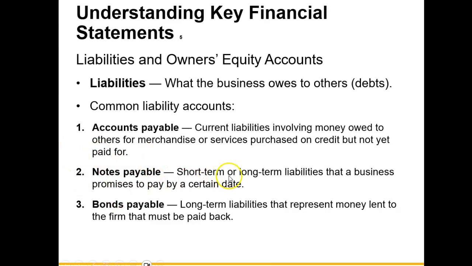Notes payable refers to short-term or long-term liabilities that a business promised to pay by a certain date. So when you have a notes payable, you sign a promissory note. That is a written agreement where you agree to pay back the amount you borrow plus interest at some point in the future. Bonds payable. What is that?